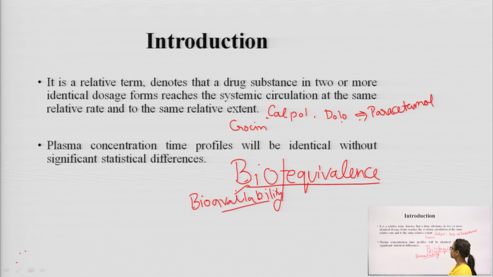Next, plasma concentration time profiles will be identical without significant statistical differences. It means if we take two different doses of the same pharmacological effect or same salt with different dosage forms, they show identical plasma concentration time profiles, but we have to choose the best among these drugs or dosage forms.